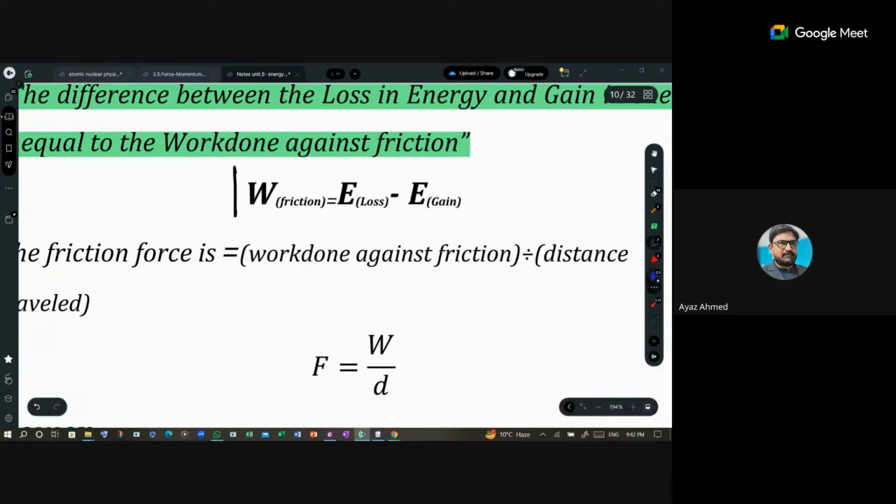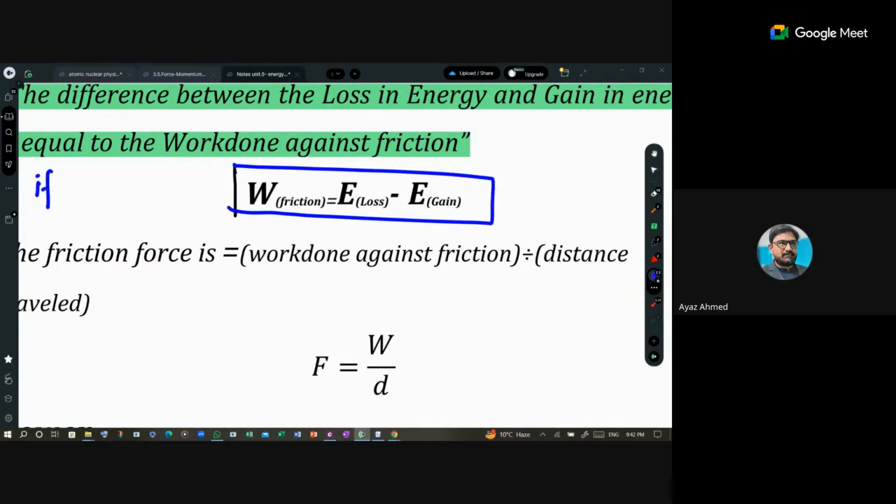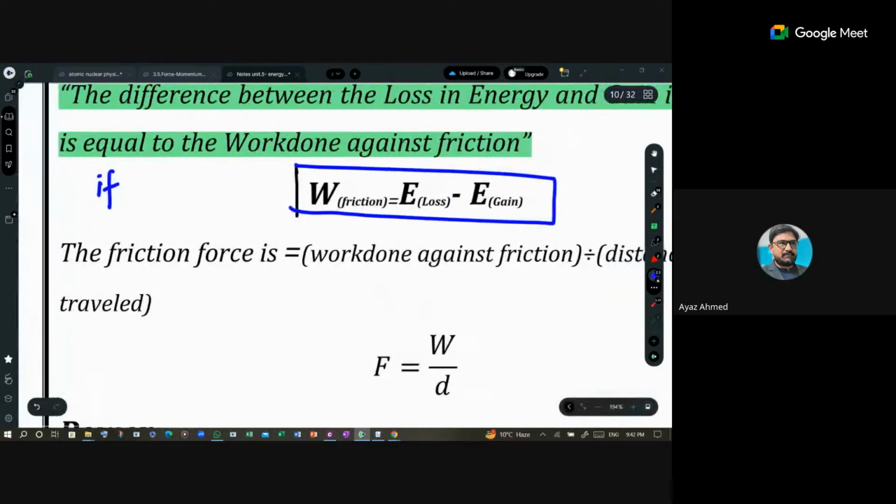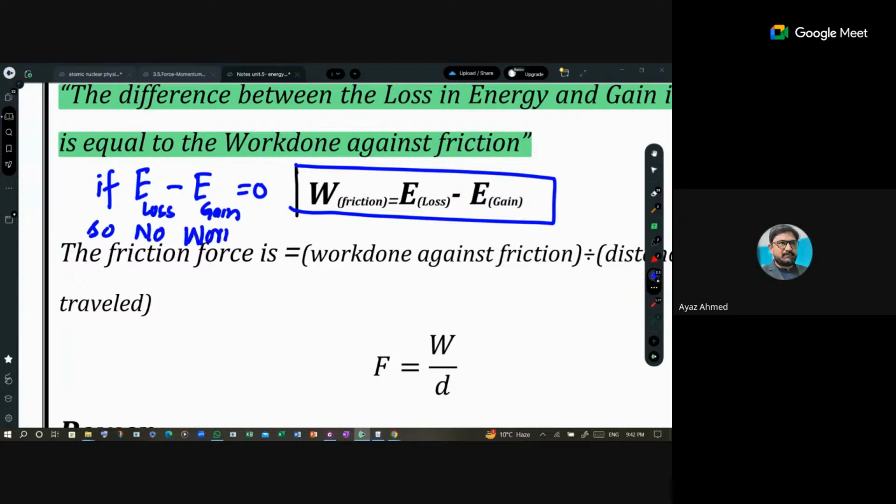Remember this very important equation: if E loss minus E gain is equal to zero, then there is no work done against friction. Are you getting it clearly?